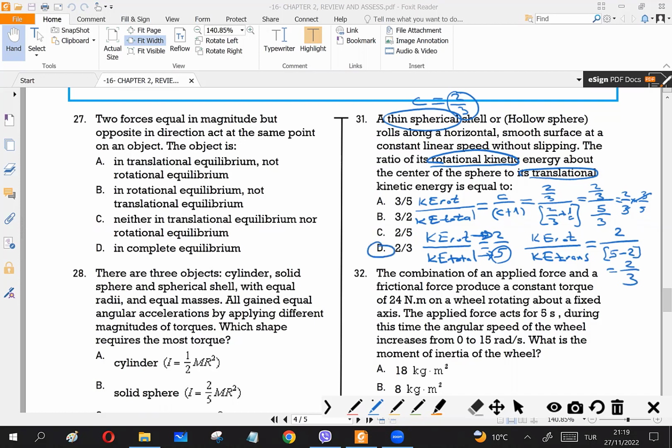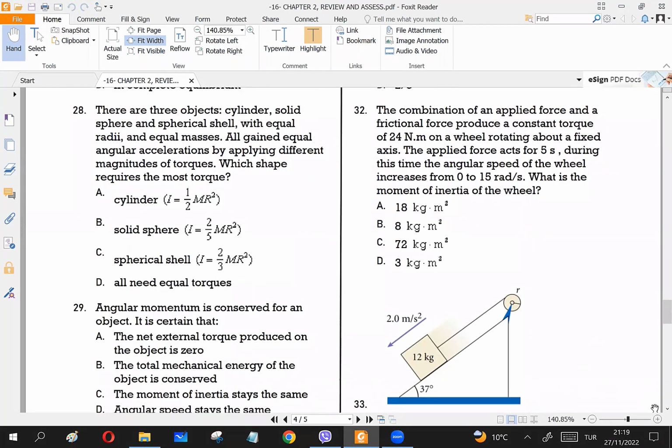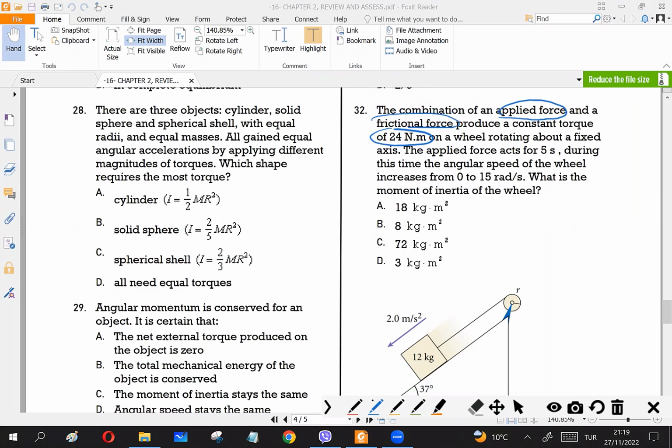And question number 32. The combination of an applied force and a frictional force produces a constant torque, 24 newton meter, on a wheel rotating about a fixed axis. This is net torque, in fact, because this torque is produced by two forces, applied force and also friction force.